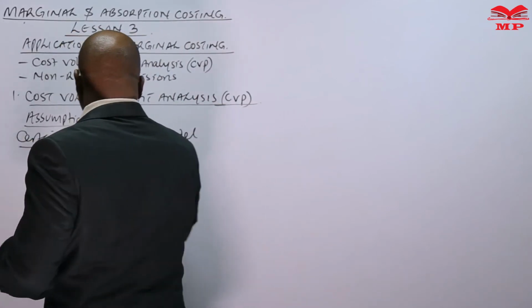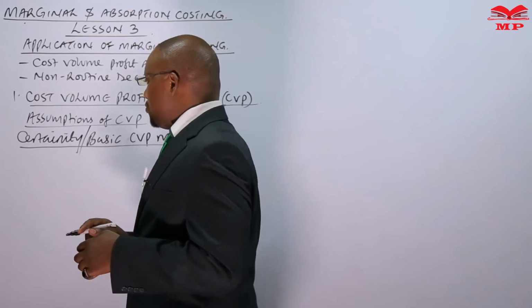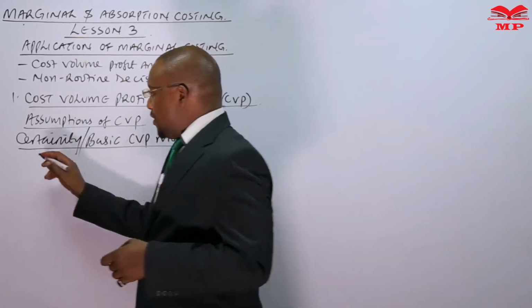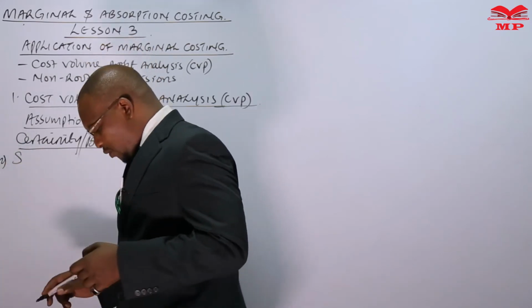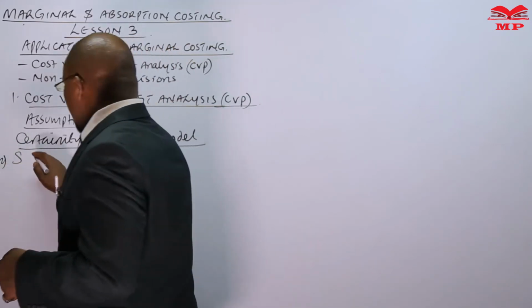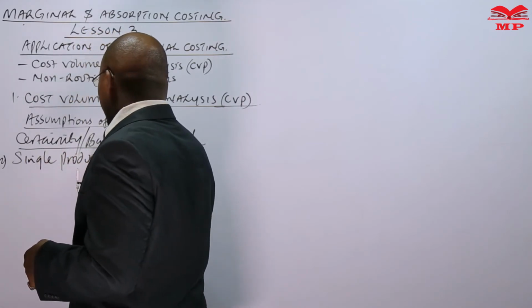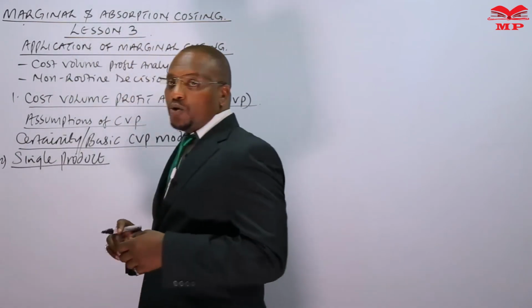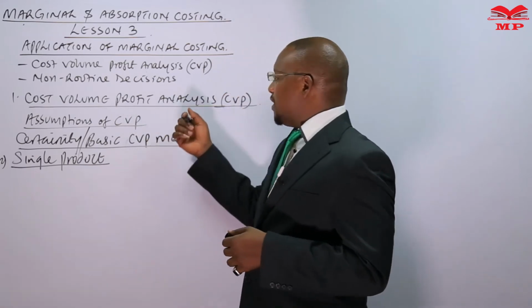So where we have made that assumption, at the same time, we are also going to look at the single product. We can have like Roman 1, this being single product. Now in single product, we would require to have some functions of CVP as follows.